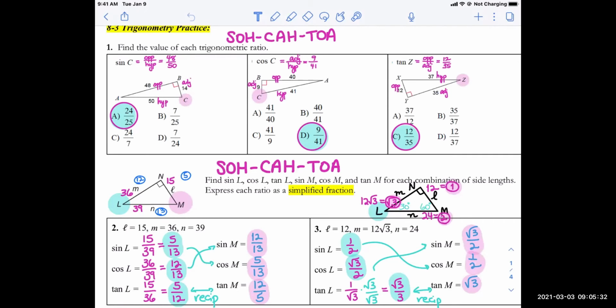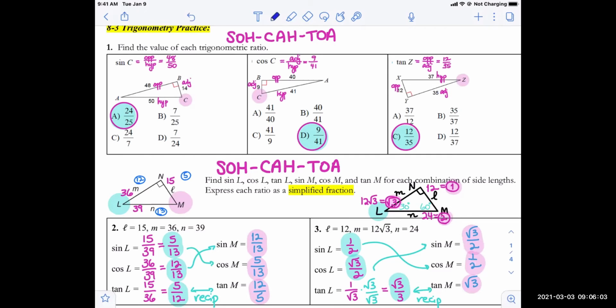Any questions on that group of problems? Jeff? Which problem? For number 3, how do I get the tangent of L? Okay, so I redrew this triangle over here so that I would be able to write on it without the other stuff there.